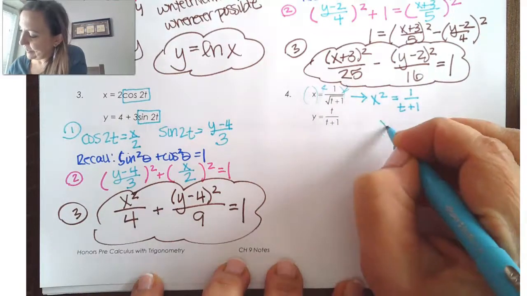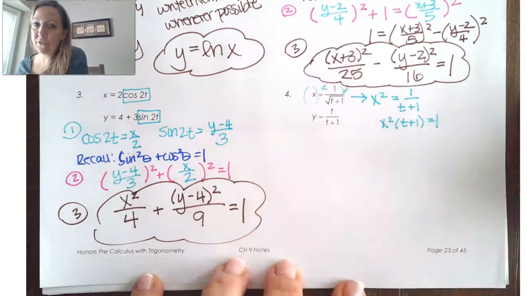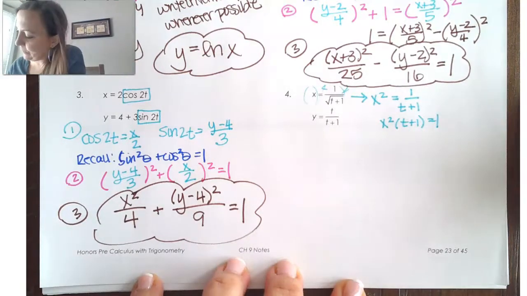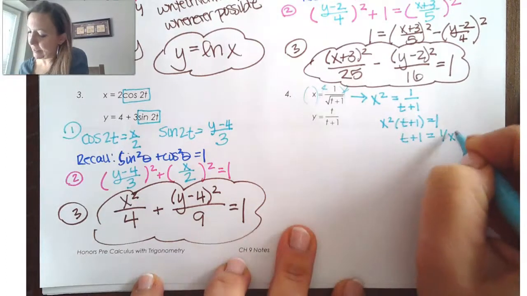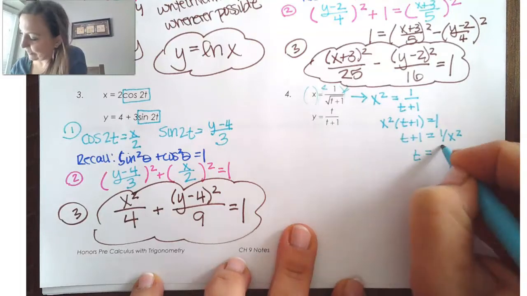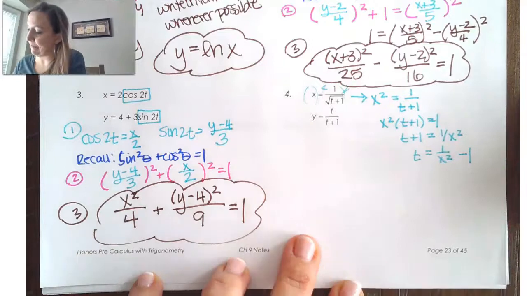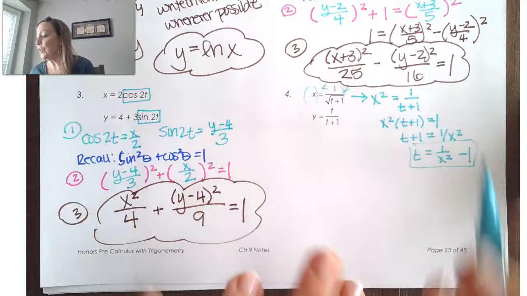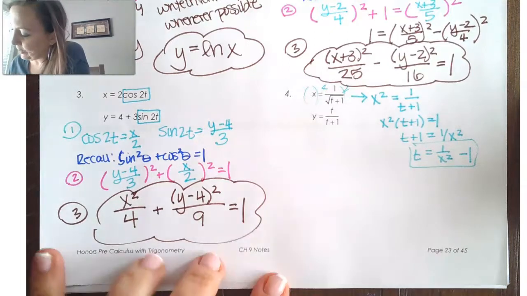So x squared times (t plus 1) equals 1. We're still working on isolating t. So t plus 1 equals 1 over x squared, and so t equals 1 over x squared minus 1. Okay, so I have my t. Now I'm going to substitute that into the other equation.